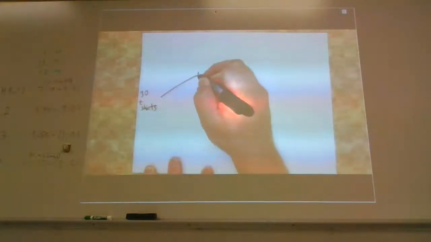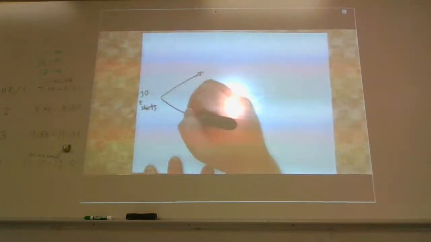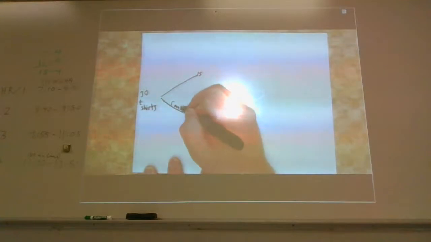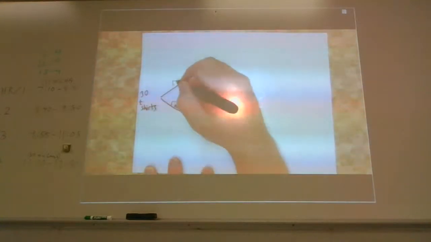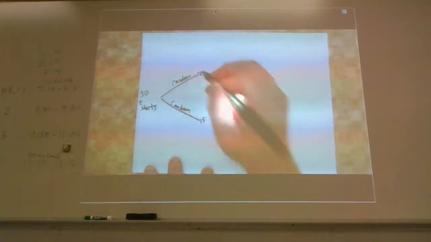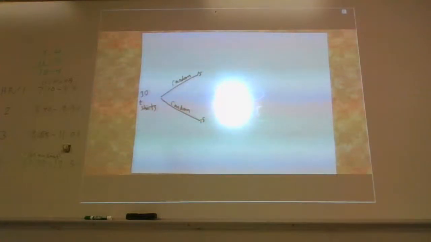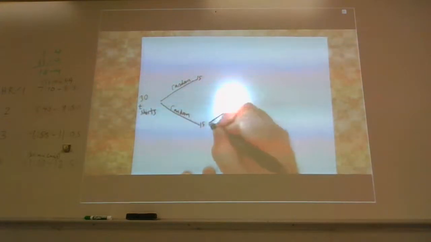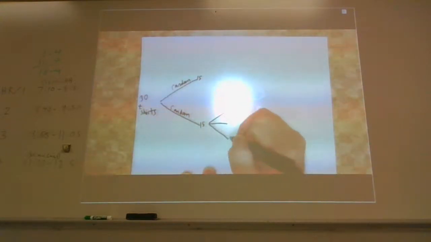There's a group of 15, there's a group of 15, and they are randomly allocated into two groups of 15. But then I go a little bit further, and perhaps I randomly allocate them again into groups of 5.